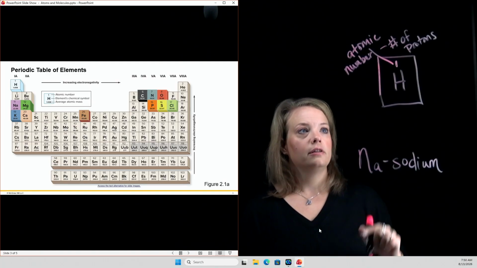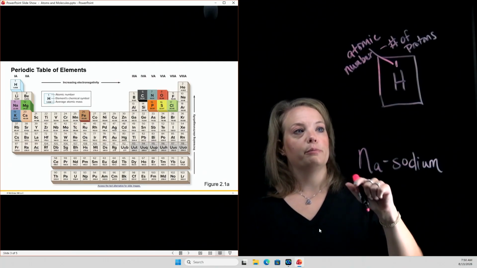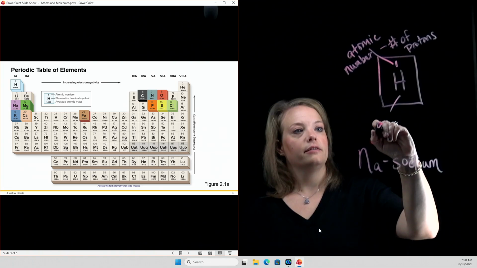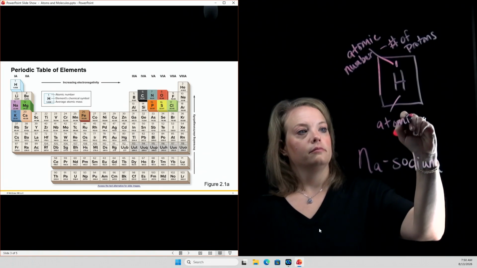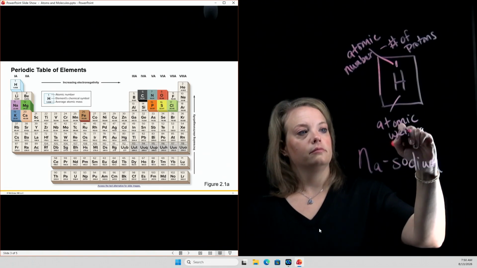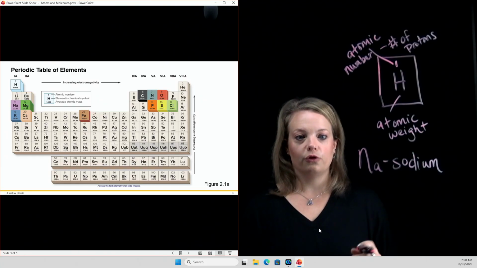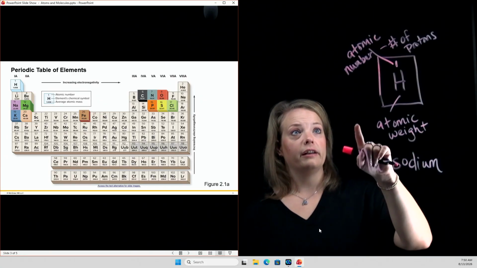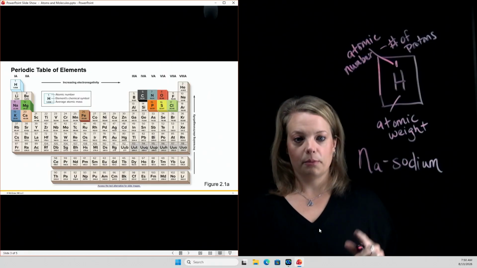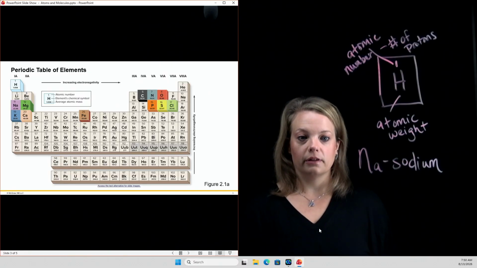At the bottom, usually, of the symbol is the atomic weight. Being able to use the periodic table to recognize the atomic number and the atomic weight will become important later when we talk about chemical bonds.